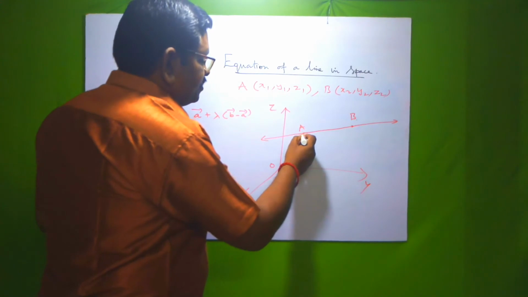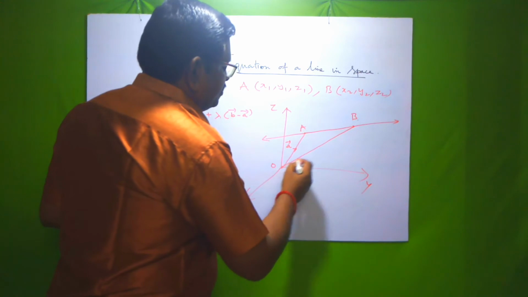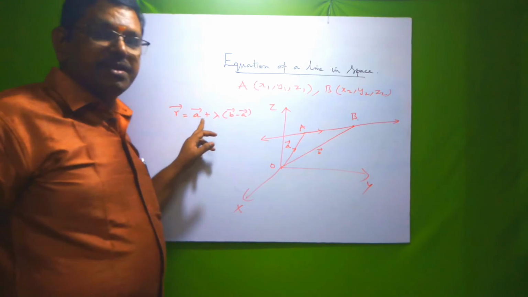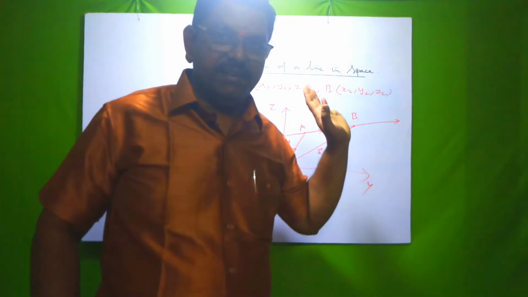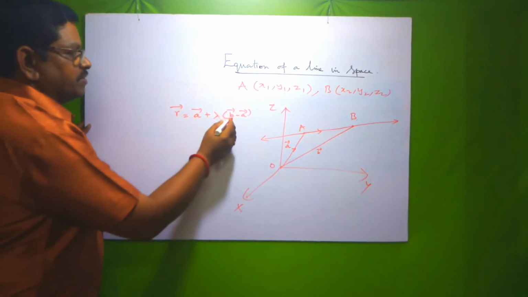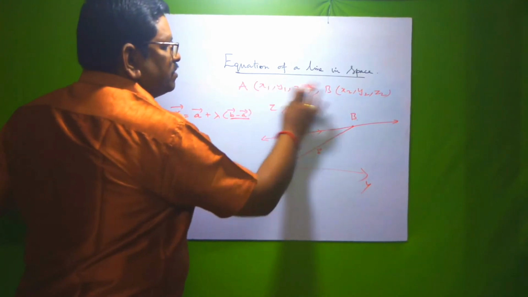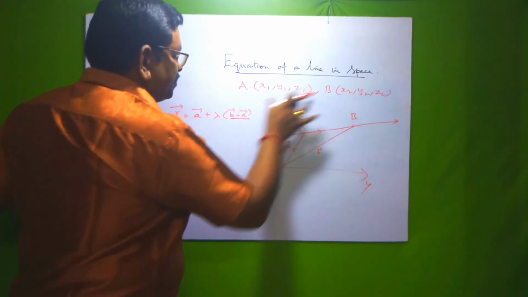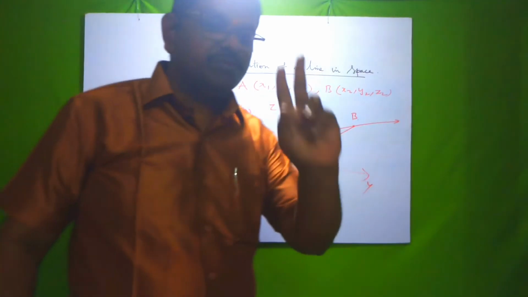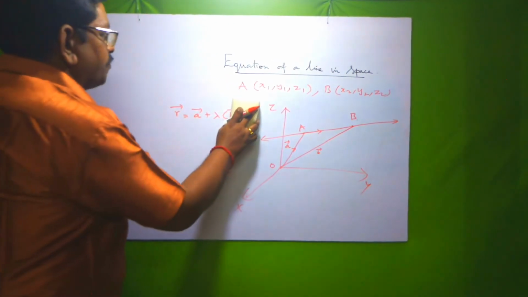So here we are taking this a vector from O, and this is the b vector. Now we have r vector equal to a vector plus lambda into (b minus a) vector. Clear? If you substitute these values, first we have to find b minus a: x2 minus x1, y2 minus y1, z2 minus z1. After substituting all these values, we can get the equation of the straight line passing through 2 different points.